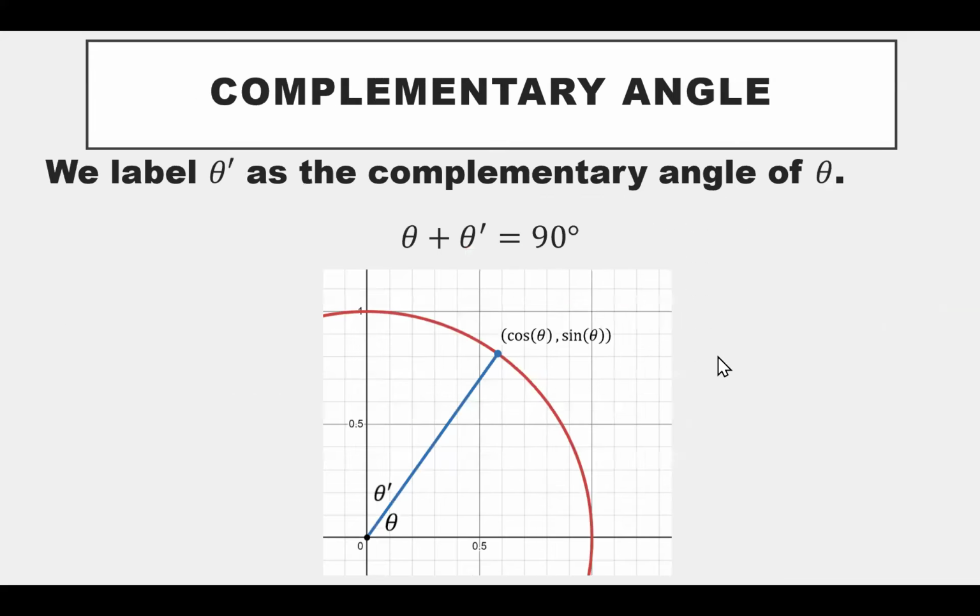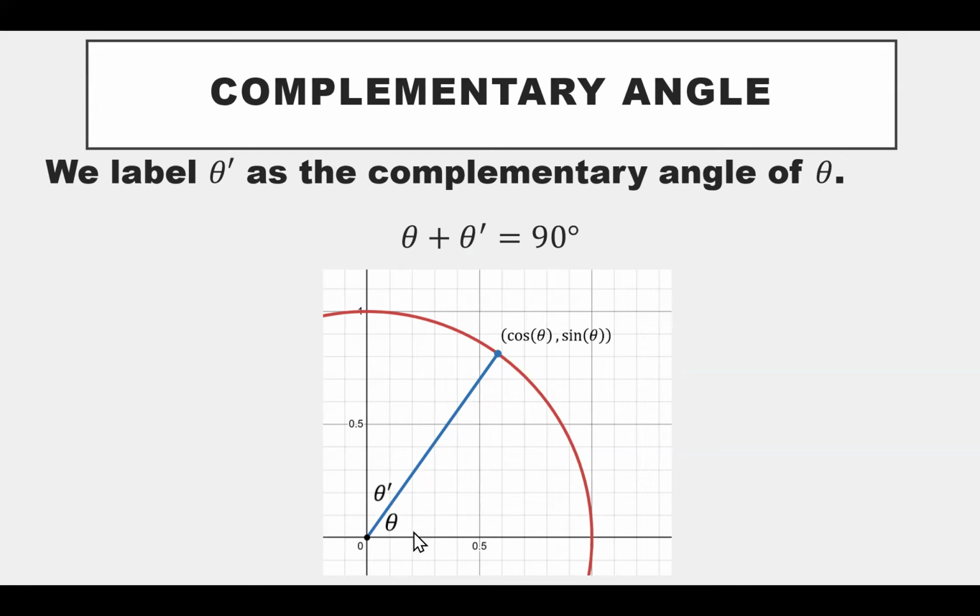Now, I want to mention something that we're going to use often. Namely, I want to mention the idea of the complementary angle. We're going to label theta prime in this video as the complementary angle of theta. Complementary means that they add up to 90 degrees, or if we were in radians, they would add up to pi over 2. Now, there's a lot of different places where that complementary angle is going to come up.